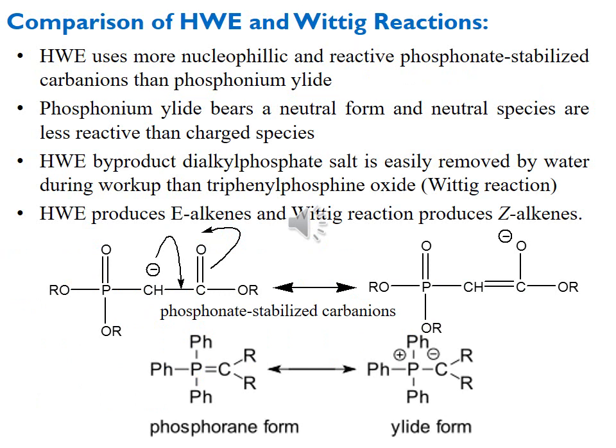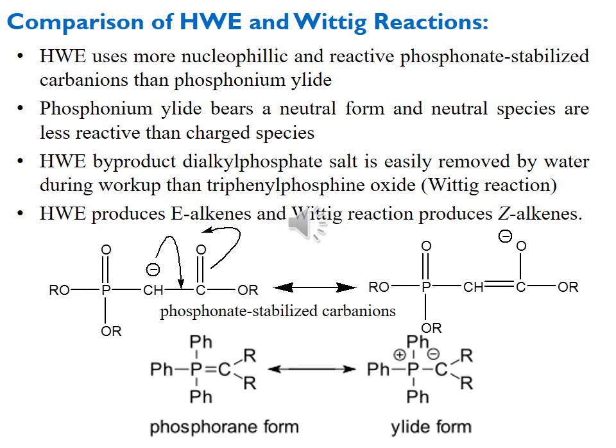Now, as we have discussed the Wittig reaction, which is used to convert aldehydes or ketones into alkenes, another reaction which is used for the same purpose is the HWE, Horner-Wadsworth-Emmons reaction.